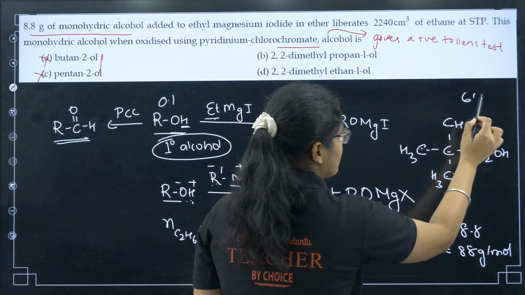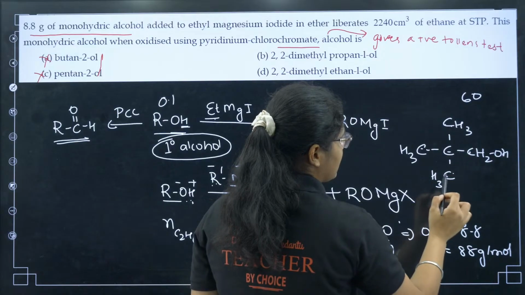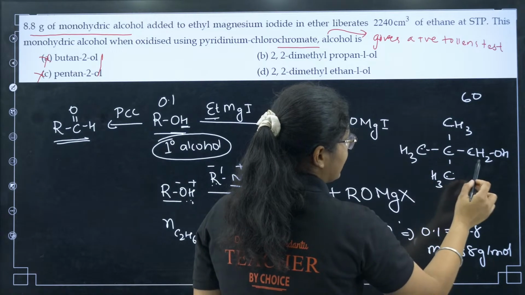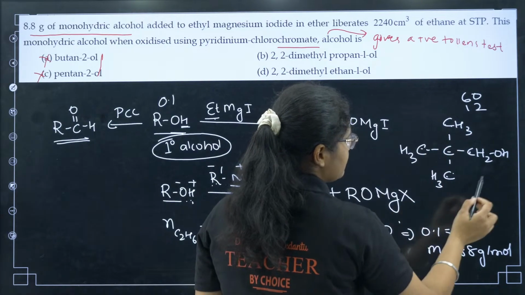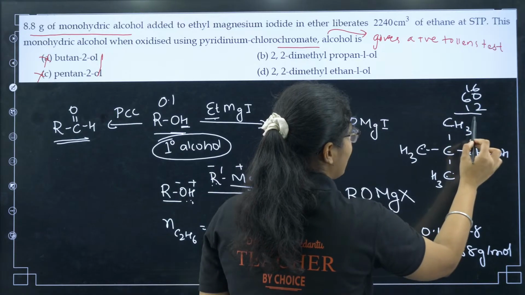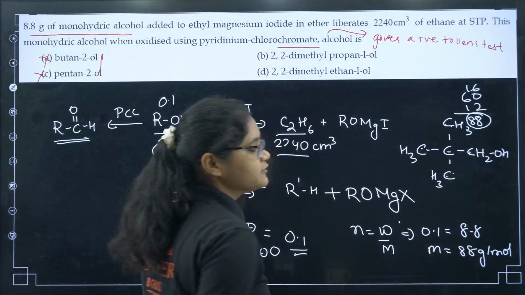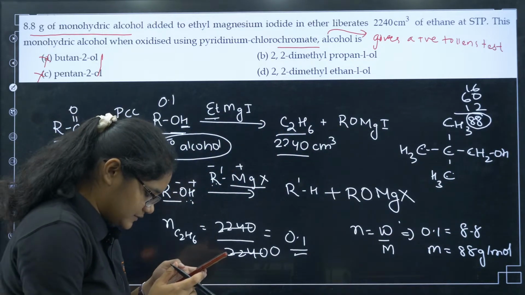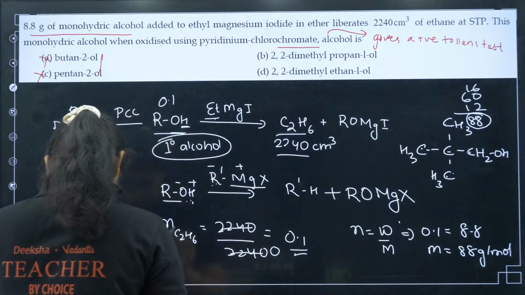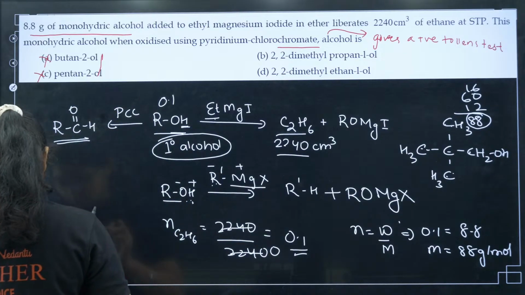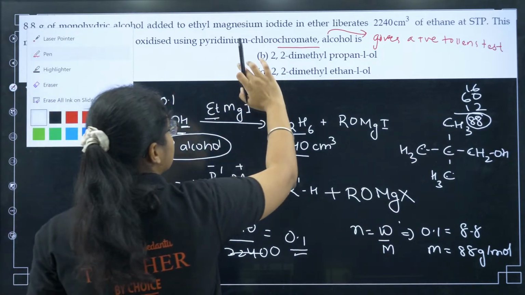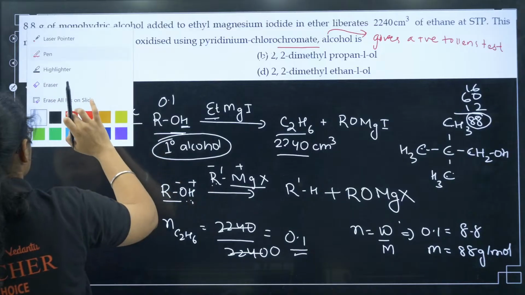Then how many hydrogens do I have? 3, 3, 9, 10, 12 hydrogens. So 12, and then oxygen is 16. If I add them, I get 88 grams per mole. So that is the molar mass here. So option B is the correct answer here.